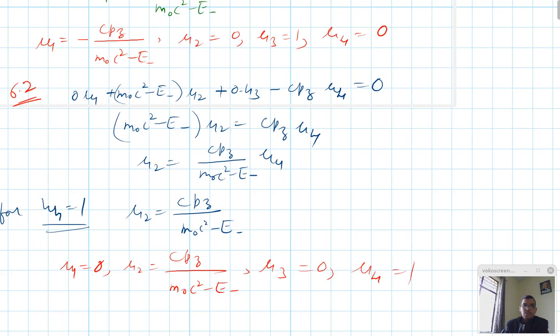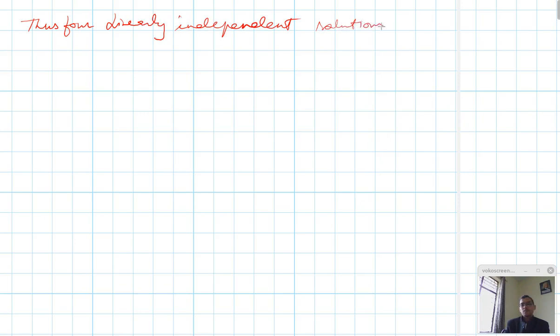I sum up these all, right? So thus we have 4 independent solutions, that is u1 is 1 0 cpz over m naught c square plus E plus.